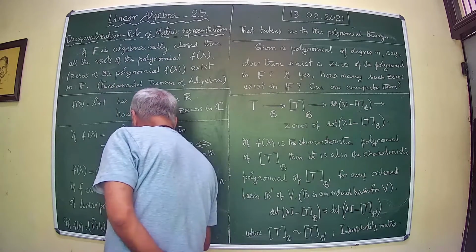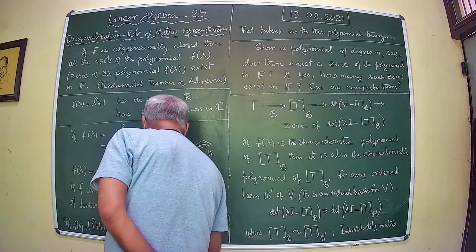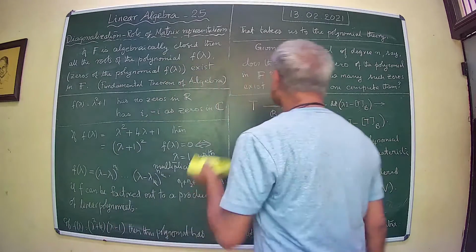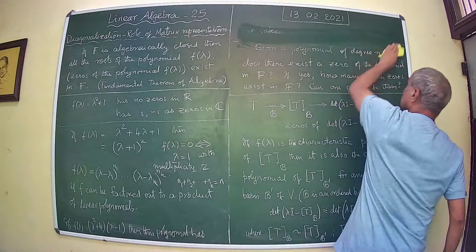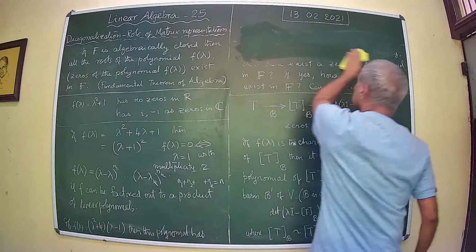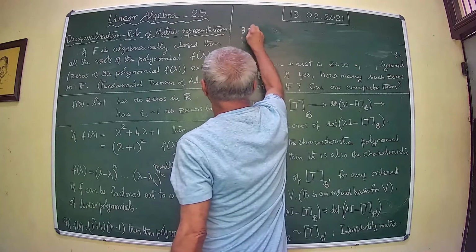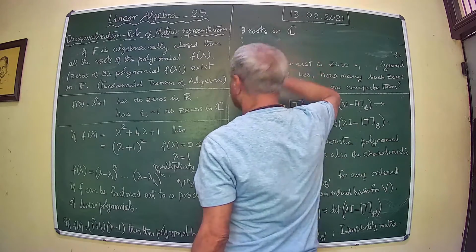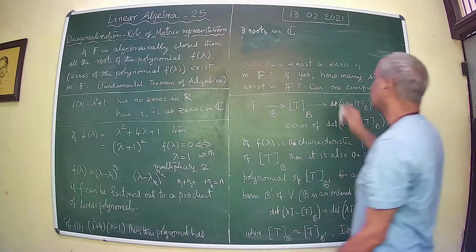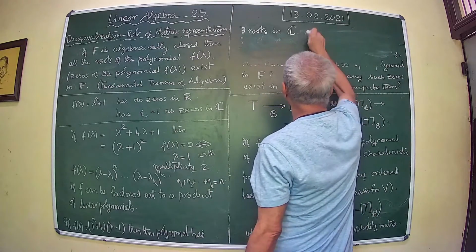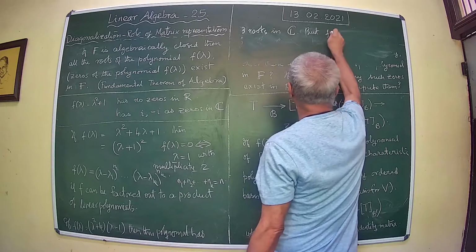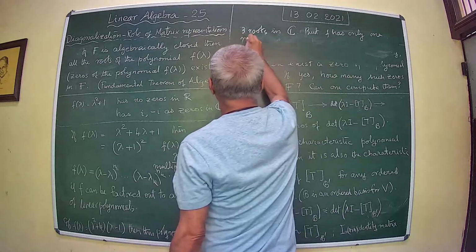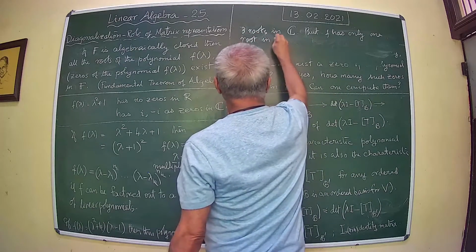This polynomial has three roots in C, but has one root in R, namely this one.